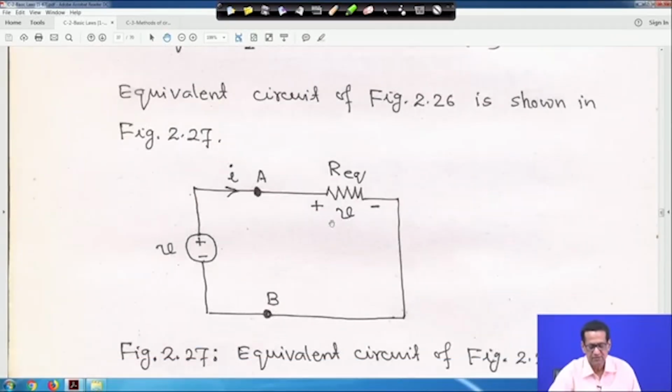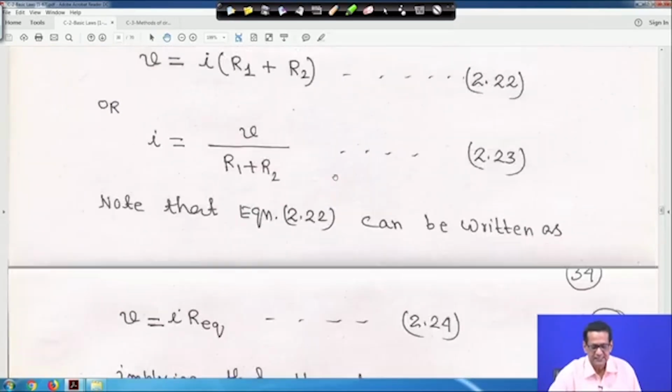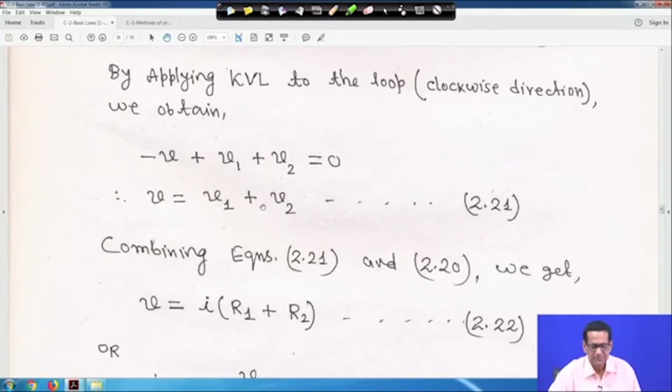The voltage source will be there as it is, and Req is nothing but R1 plus R2, and voltage across this is also V, because from equation 21, V1 plus V2 is equal to V, that is your source voltage.